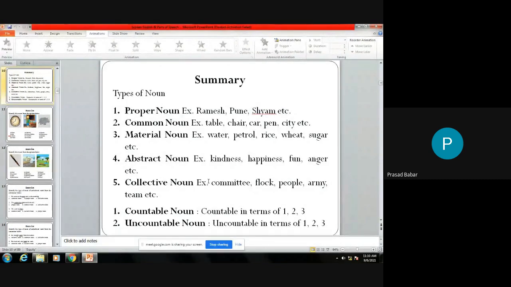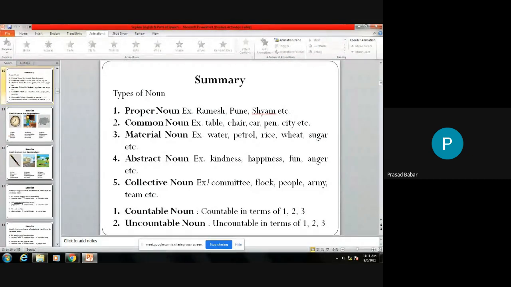Board means a board of people in which people get selected, and they are there in some position. So committee, board, flock of sheep. We call them a flock of sheep. Then people, army. Army is also a collective noun.